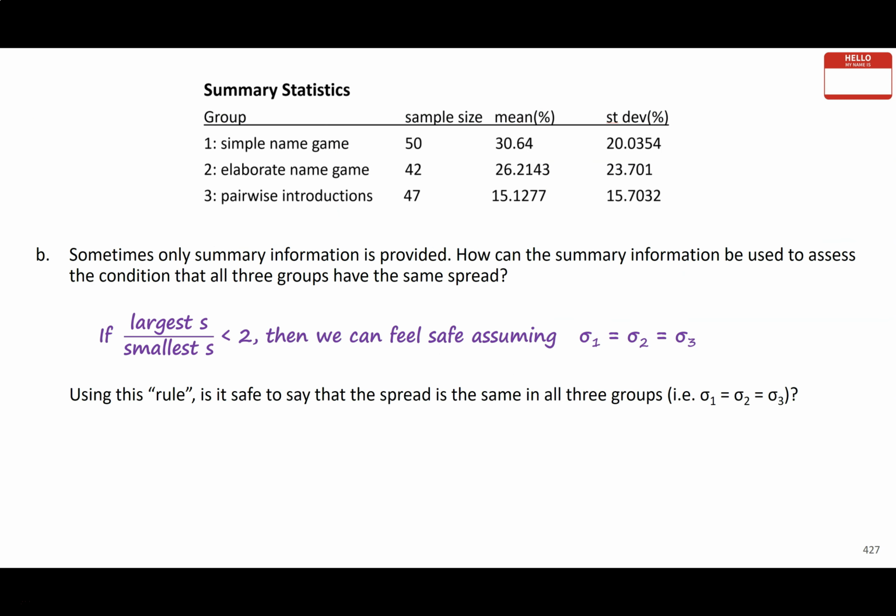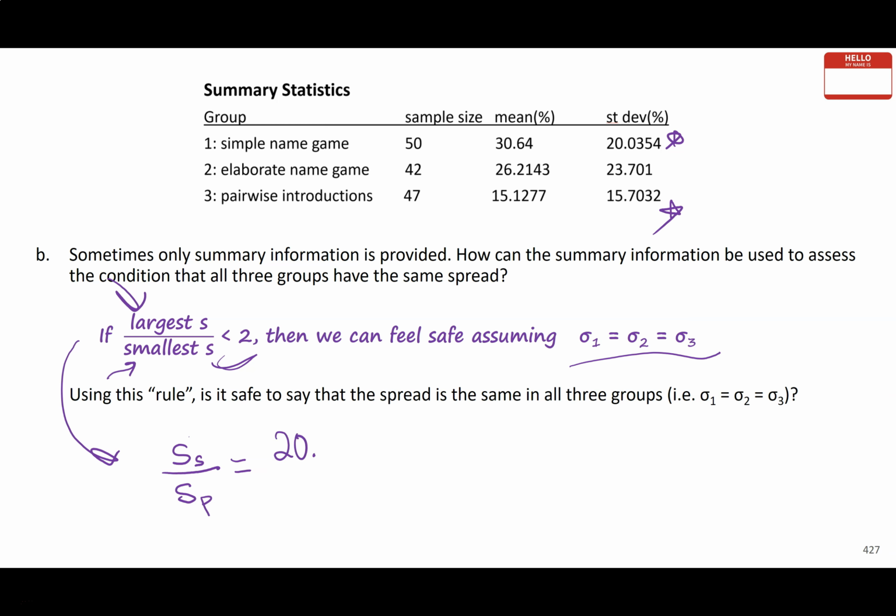So here's that rule of thumb, which is a lot easier to double check. If you take your largest standard deviation over your smallest standard deviation, and that's less than 2, then we feel safe saying we have equal variance. My largest sample standard deviation was the simple name game, S simple, and my smallest was pairwise, S pair.